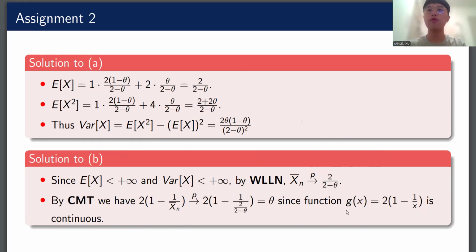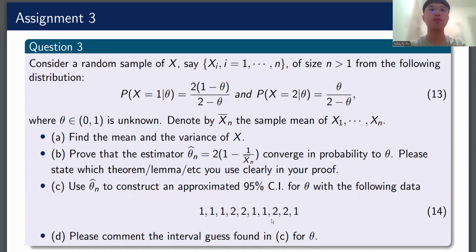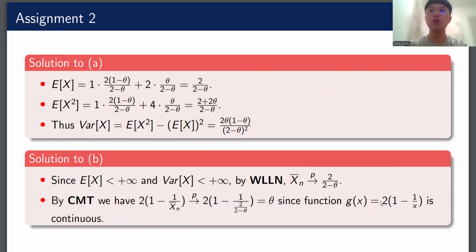And if we define the continuous function to be 2 times 1 minus 1 over x, then we can find that g of the sample mean is equal to the estimator defined in the question. And g of 2 over 2 minus theta is just theta. This is the result. The continuous mapping theorem tells us the estimator converges in probability to theta.